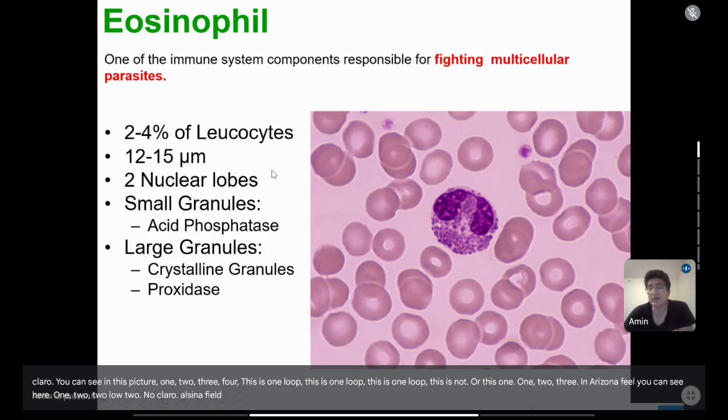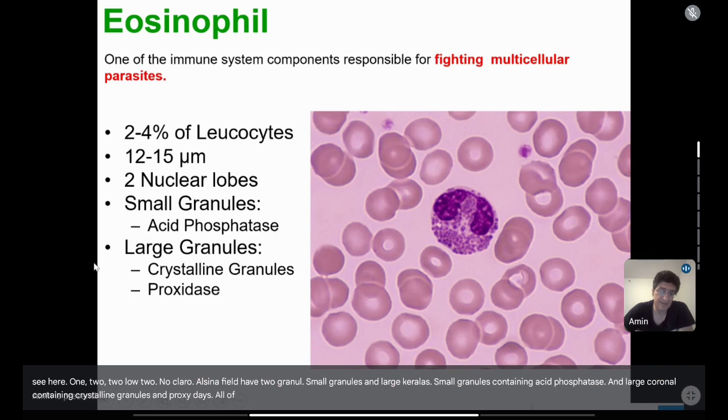Eosinophil has two kinds of granules, small granules and large granules. Small granules contain acid phosphatase and large granules contain crystalline granules and peroxidase.